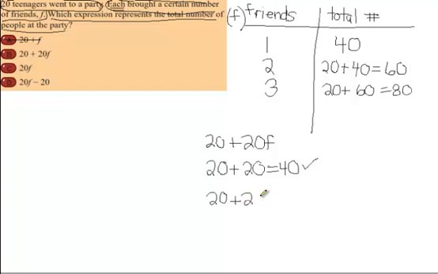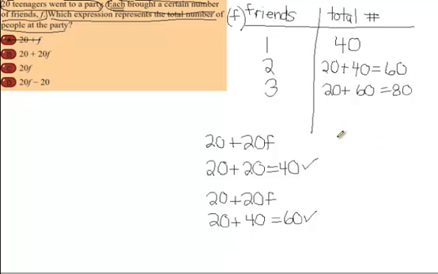But now, we're going to check to see what happens if F is 2. I'm hoping it gives me 60. 20 plus 20 times 2, that's 20 plus 40. That does give me 60. It also gives me hope that this might be the right answer. 2 for 2 so far.